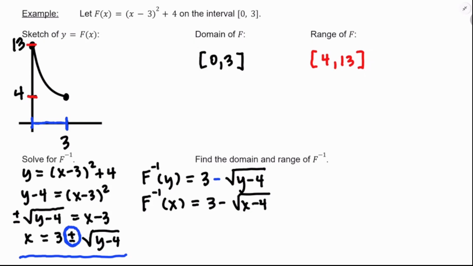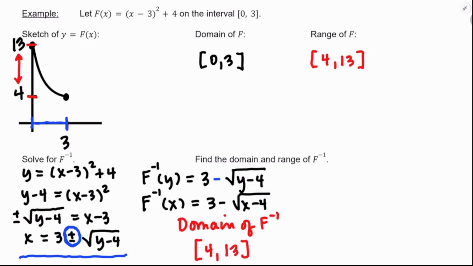Okay, what I'm going to point out is that the domain of this inverse function is the type of y-coordinates that we can track back to an x. It's exactly these values right here. Okay, so I'm going to say the domain of f inverse, okay, that's going to be 4 to 13.